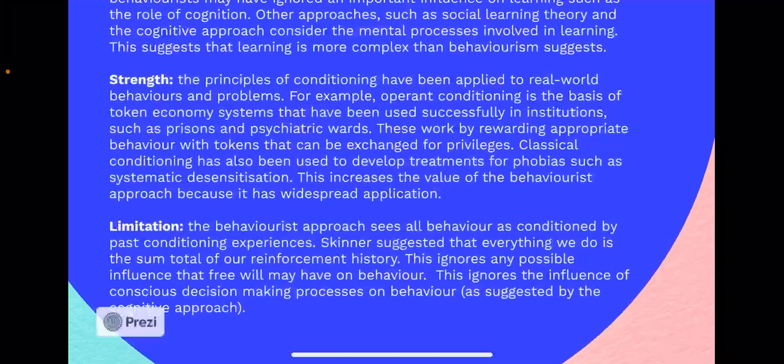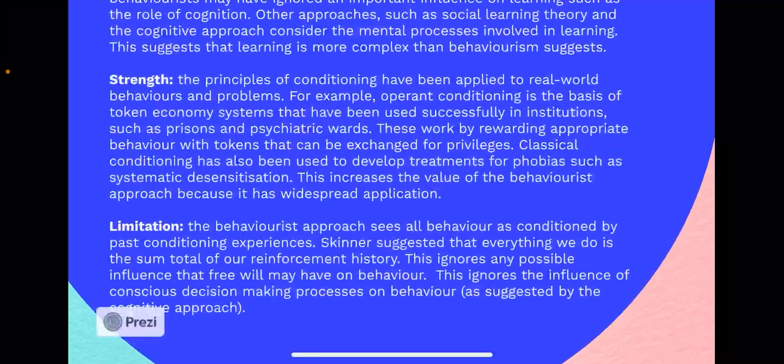Classical conditioning has also been used to develop treatments for phobias such as systematic desensitisation. If you wanted, you could elaborate on systematic desensitisation a little bit. In the exam, if you're struggling, you could just describe systematic desensitisation if you can't remember, or describe the token economy, because you've learnt systematic desensitisation in phobias anyway.